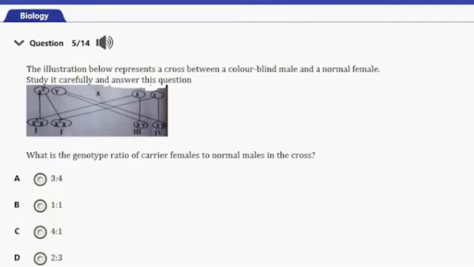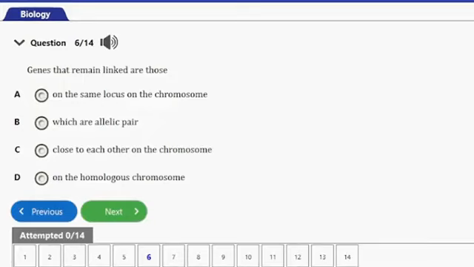So that's a ratio of 2:2, which corresponds to 1:1. And that's the answer to this question. So let's go ahead and consider the next question.